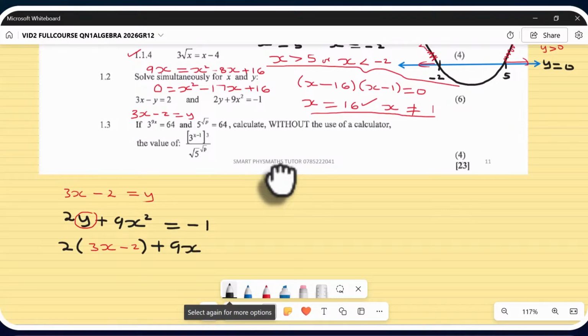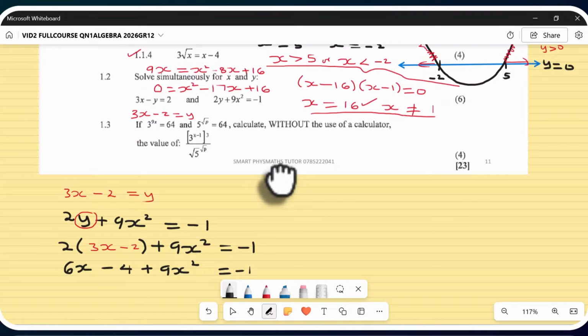So from here, we can form the standard form of this quadratic by saying 9x squared plus 6x, and then negative 4 plus 1, then equals 0.